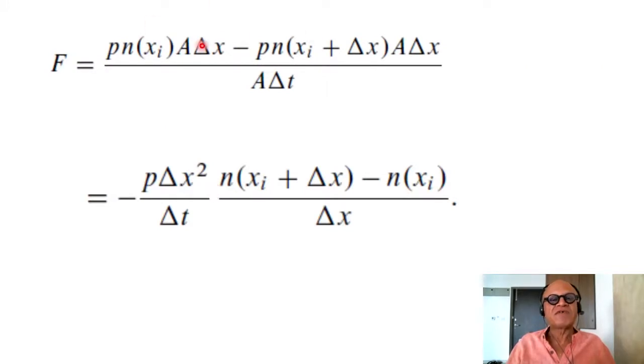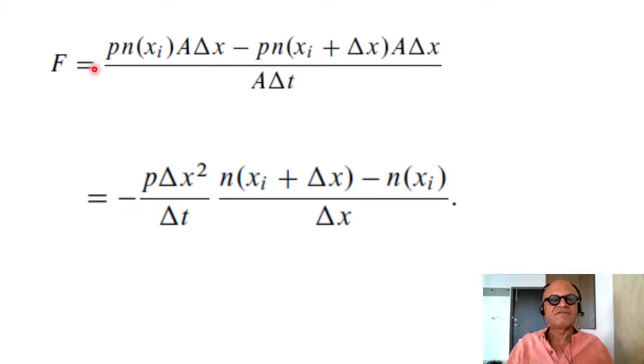So you can simplify that, cancel out a, take p over delta t, and multiply by delta x, so you get delta x squared, and then you flip the sign and put the minus sign here: n(x_i plus delta x) minus n(x_i), divided by delta x. It's just a simple manipulation, make sure you understood it.